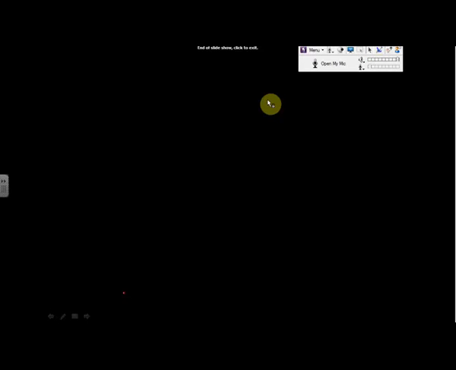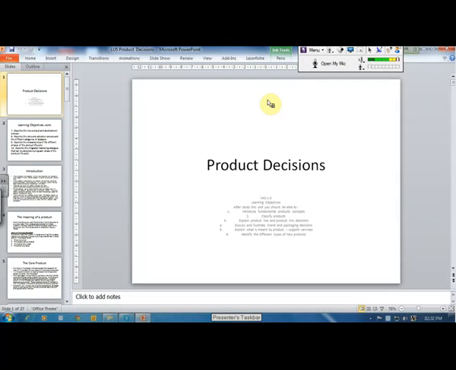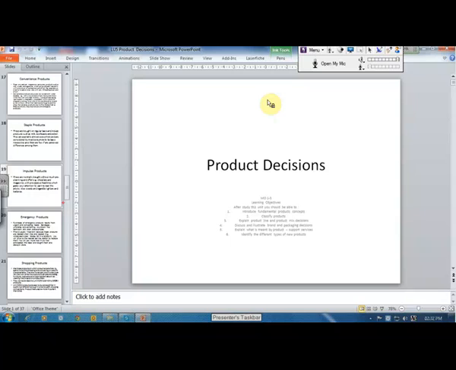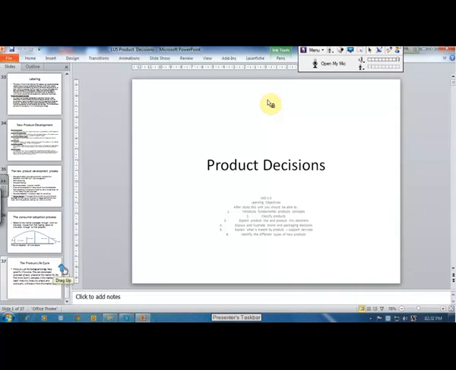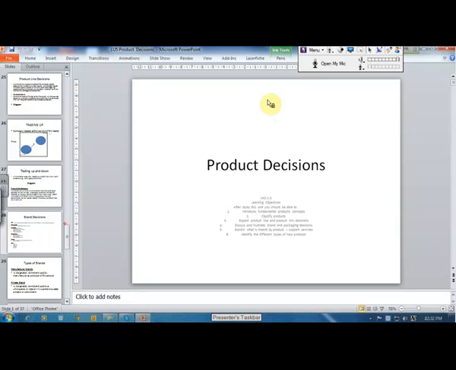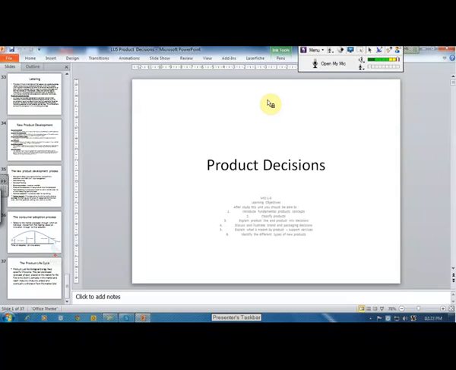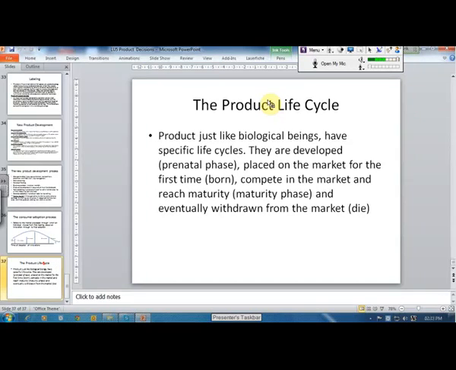Right? So in any situation, when you look at products, with a product life cycle, we are saying just like any human being, a human being is conceived, they are born, and after they are born, they start growing.